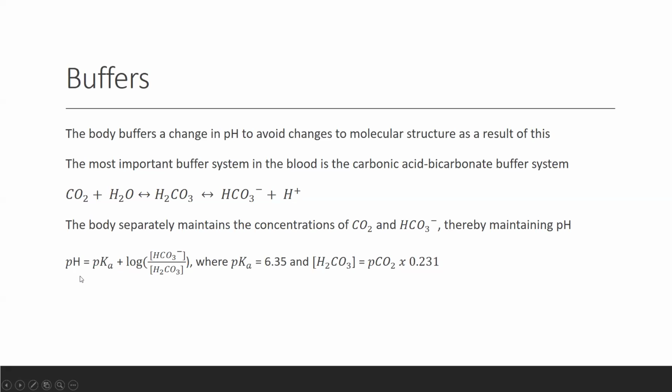And we can see this with the equation here, that the pH is equal to the pKa, and it's 6.35 for this molecule H2CO3, plus the log of the bicarbonate concentration over the H2CO3. The partial pressure of CO2 multiplied by 0.231, if this is measured in kilopascals, will give you the concentration of H2CO3. This is the solubility coefficient.